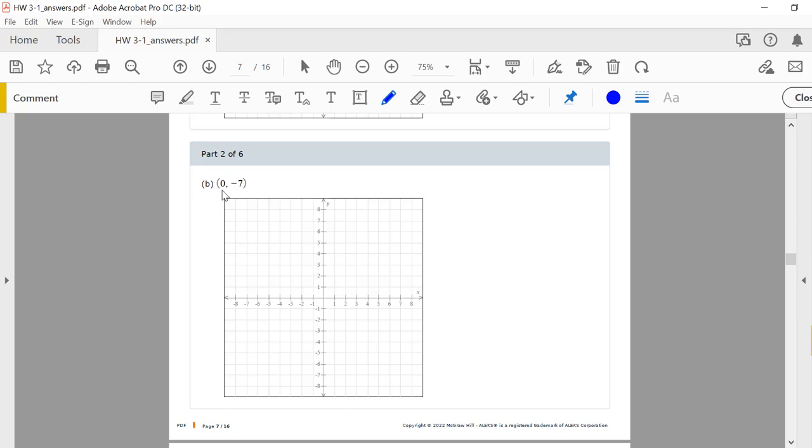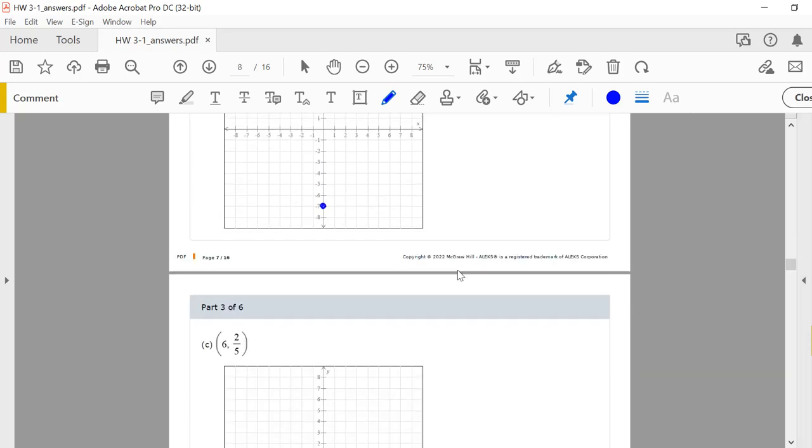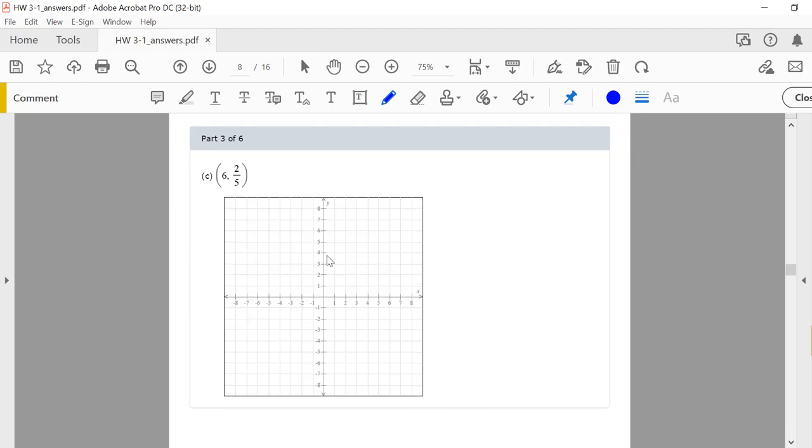So in the x direction, I'm going to go 0. And the y direction, I'm going to go -7. My point is right there. Part 3, 6, 2/5. In the x direction, I'm going to go 6. So if I start at the origin, I'm going to go to the right 6, and then I'm going to go up 2/5.